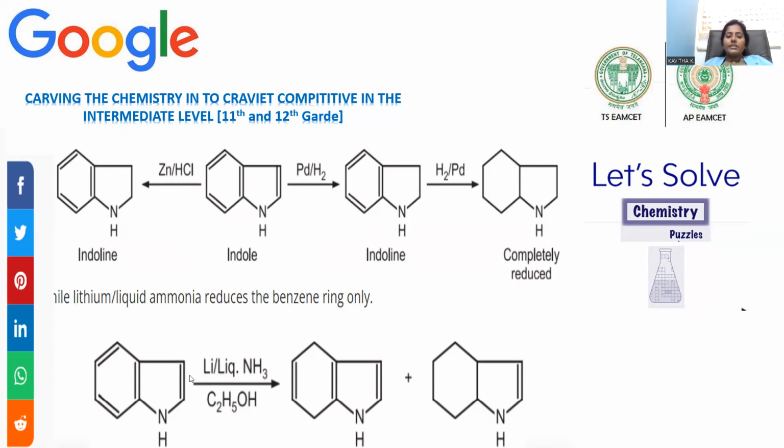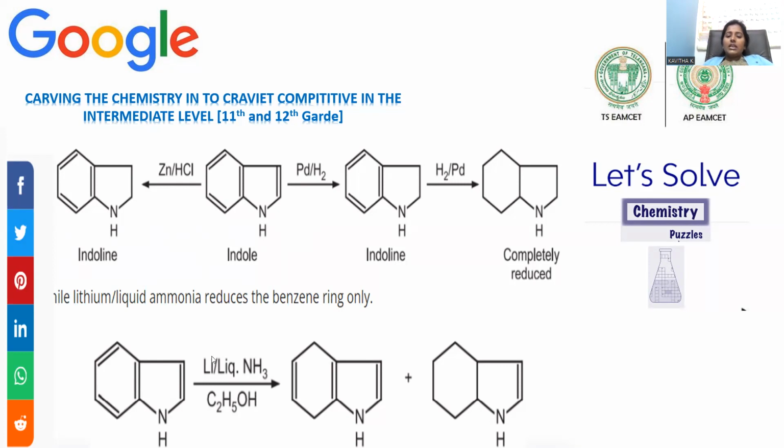But the question is, indole subjected to reduction with lithium in the presence of liquid ammonia under ethanol solvent media. The specific reduction is carried out at the 1,4 position of the benzene ring, where a double bond is there. The 1,4 positions got reduced.